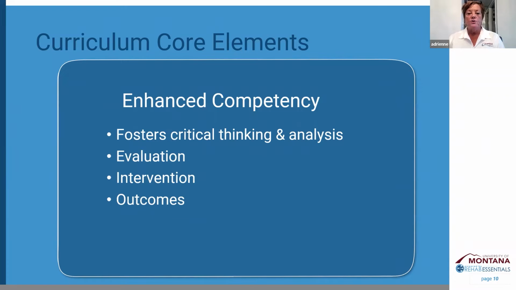And how do we look at intervention? How do we look at evaluation? And how do you look at outcomes for all of those things? Again, whether it's clinical or academic based, how do you measure outcomes? How do you measure the degree to which you are offering that distinct value to clients and customers? And how do you have the skills to measure those outcomes and then to articulate those outcomes to others?